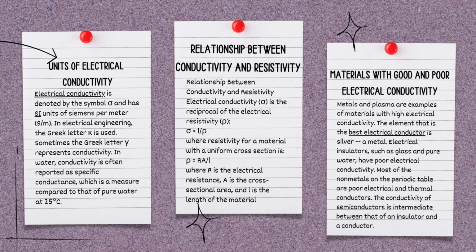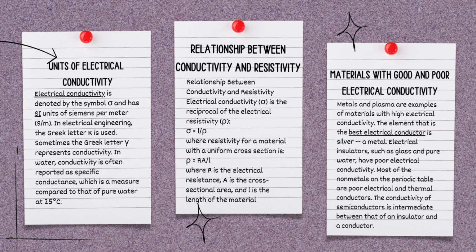Relationship between conductivity and resistivity: electrical conductivity is the reciprocal of the electrical resistivity, where sigma is equal to 1 over P. Resistivity for a material with a uniform cross-section is P equal to RA over L, where R is the electrical resistance, A is the cross-sectional area, and L is the length of the material.